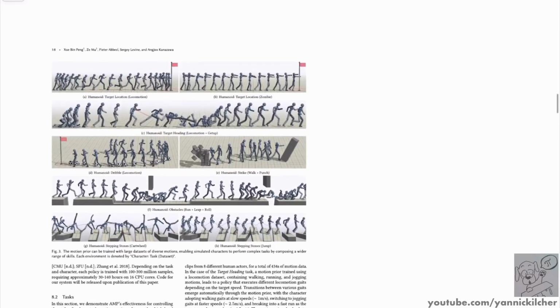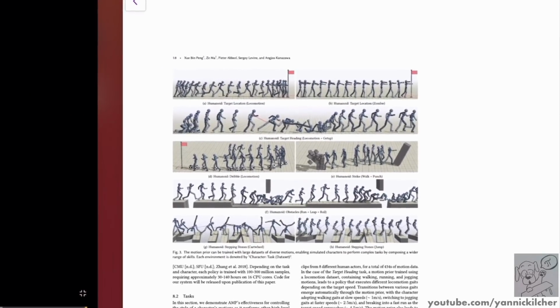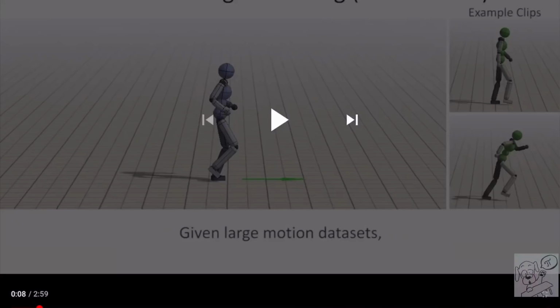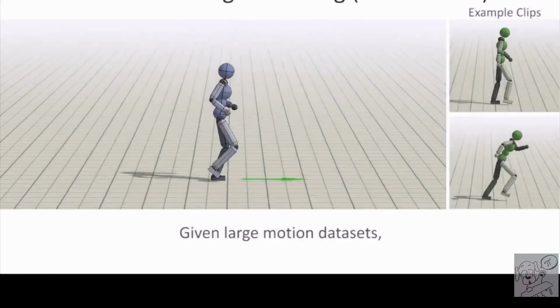So this is important because of the experimental results that they show. And that's where we go back to the video. Where's the video? Right here. So keep in mind, their point is you're able to reach a goal in the style of the dataset. So this is the simplest task they have. It's called target heading. And the goal is simply to walk or to go in a given direction at a certain speed.